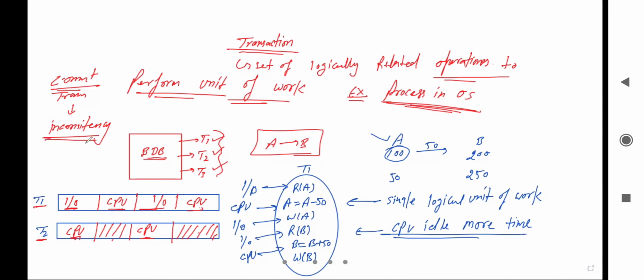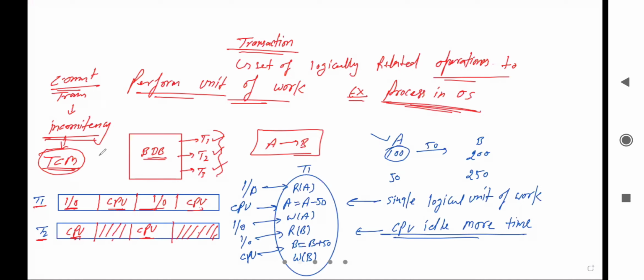If it is concurrent transaction, there is possibility of inconsistency. So we require the transaction concurrency management protocols, right? Transaction concurrency management protocols की क्या आएगी, requirement आएगी.